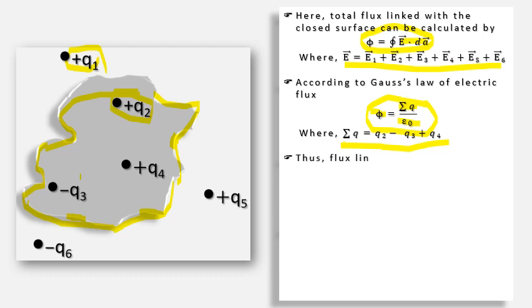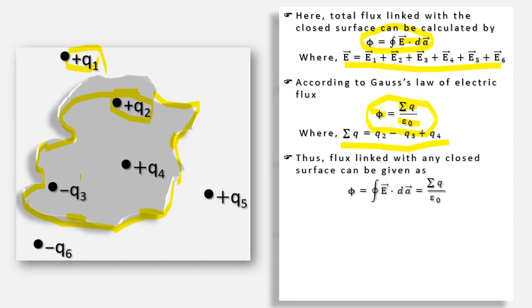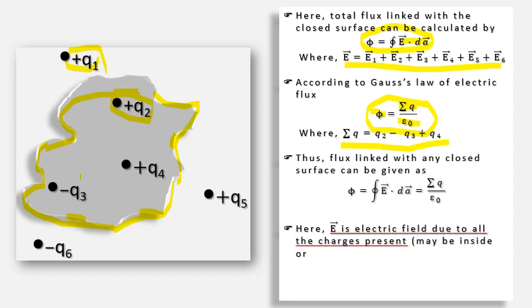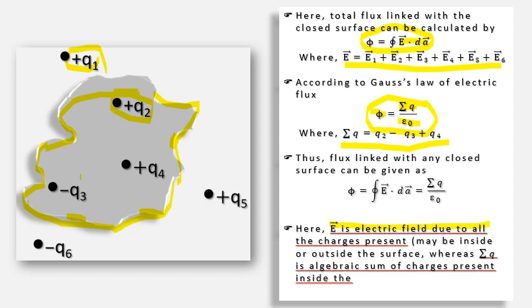So whenever you have a closed surface, you have two ways of finding out electric flux. You can either go by integration of electric field over the closed surface, or else you can take the ratio of charge enclosed by the surface to the permittivity of the medium. But one thing we should be careful about is that if you are taking E dot dA, then the electric field is the electric field due to all the charges present in the system.